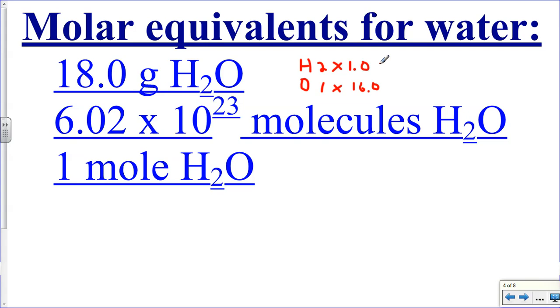and multiply, and then add up those numbers to get your total. So 2 times 1.0 is 2.0, and 1 times 16.0 is 16.0, and we add those two numbers up, and that's where our 18.0 grams, and we were using grams per mole for molar mass.